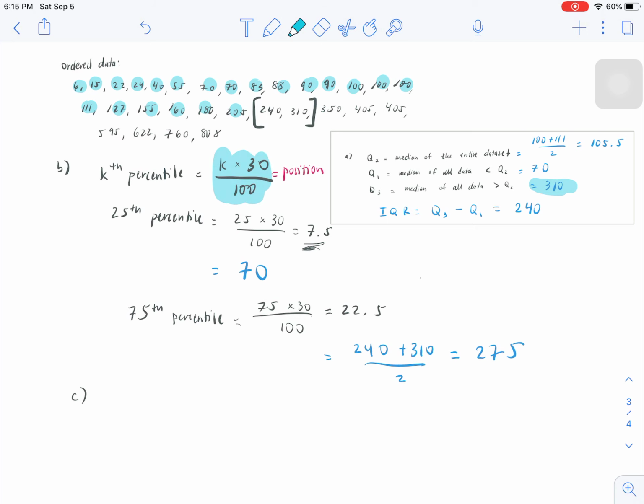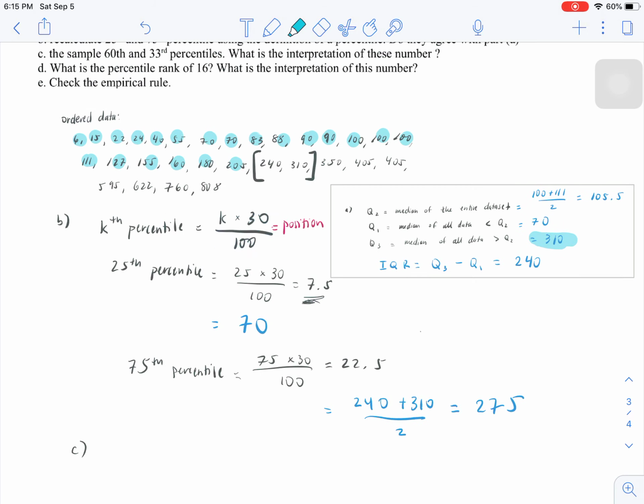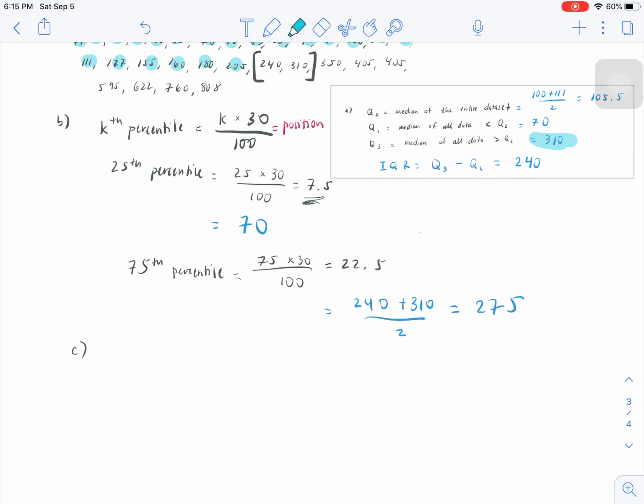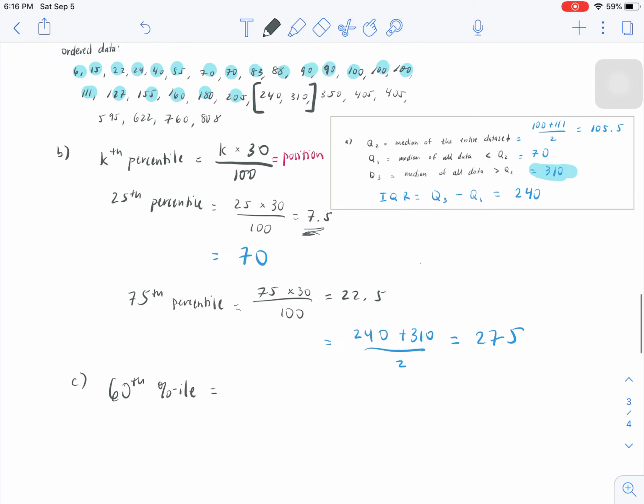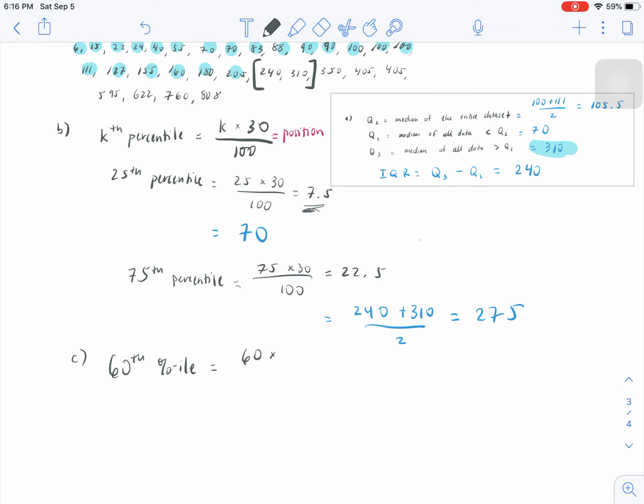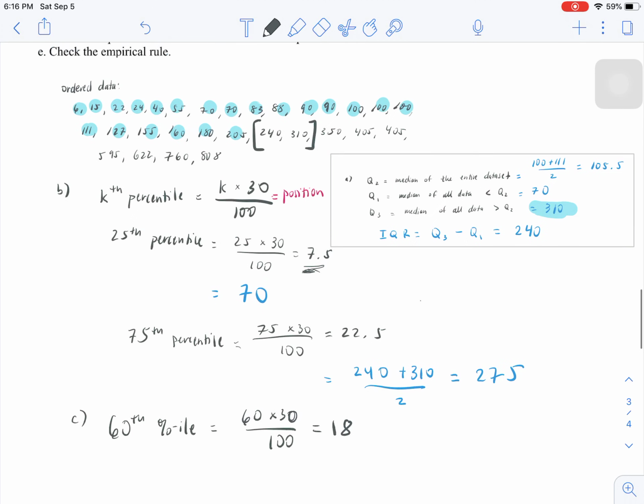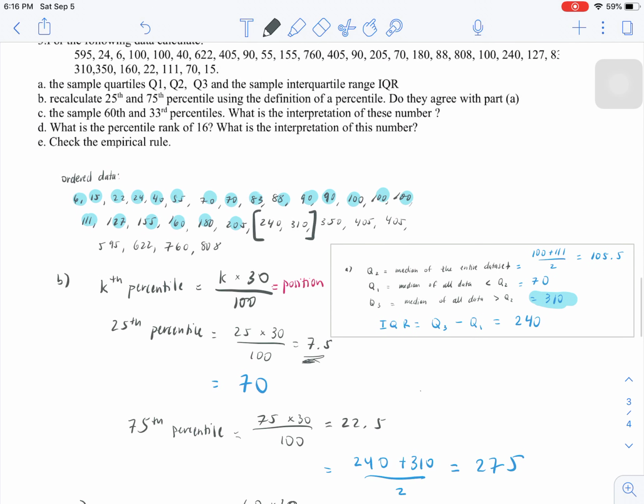We take k times 30 over 100. So to find the 60th percentile, I take 60 times 30 over 100. And that gives me 18. So the 60th percentile is my 18th data point.